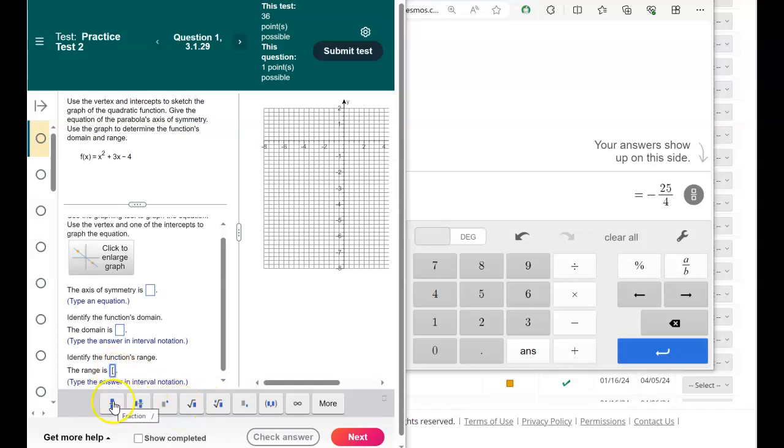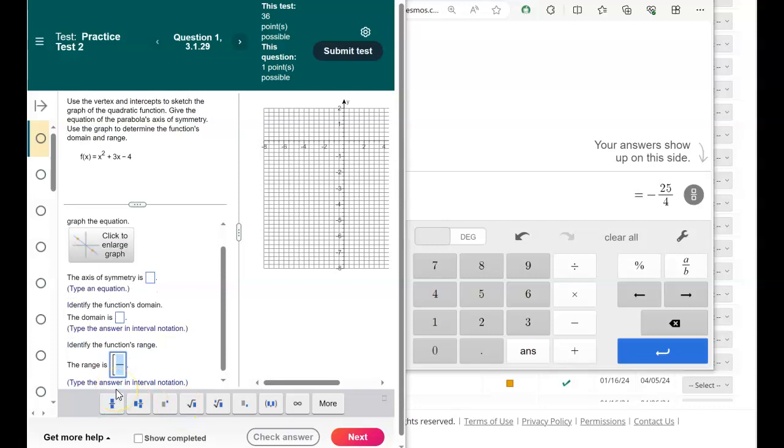And then you write the fraction, negative 25 over 4, and then comma, up to positive infinity. And that would always be open.